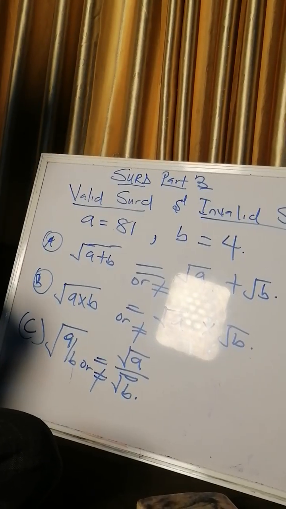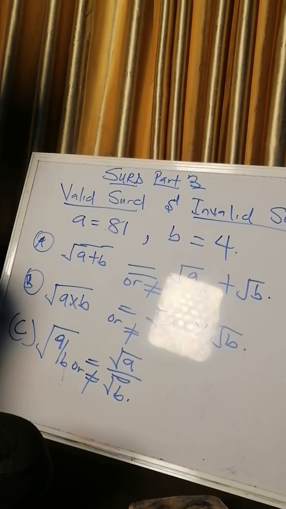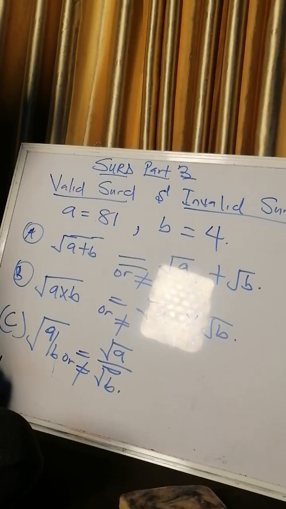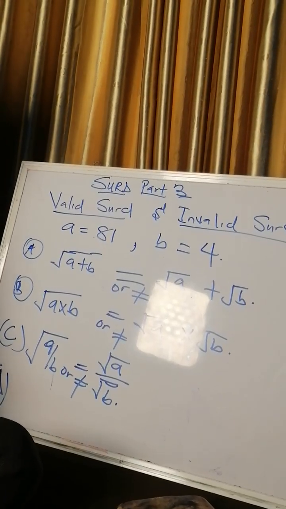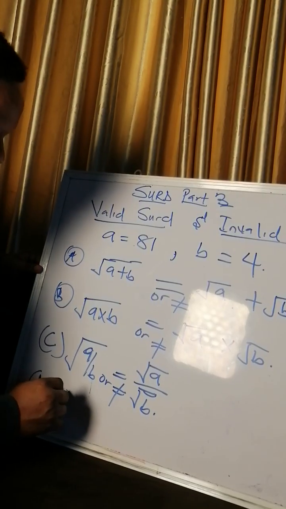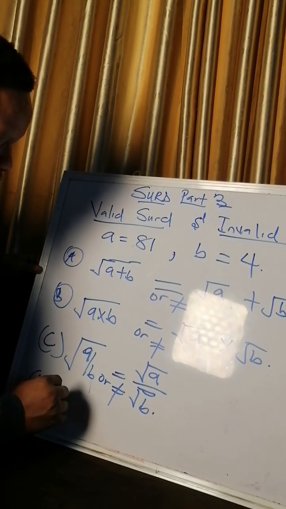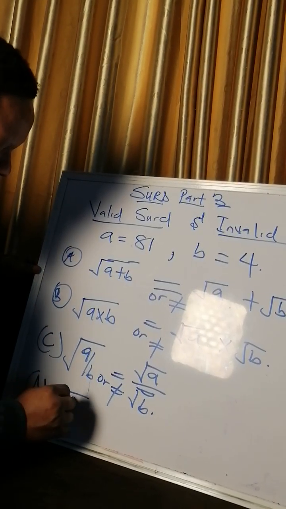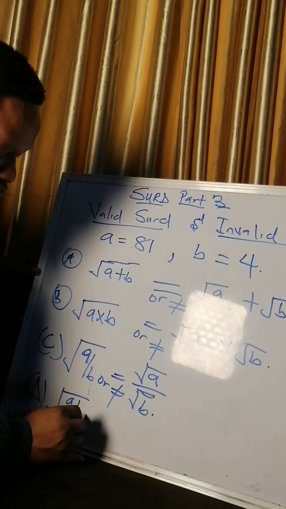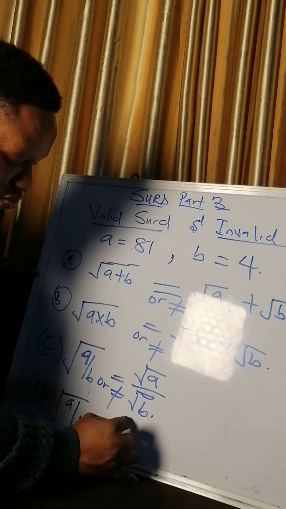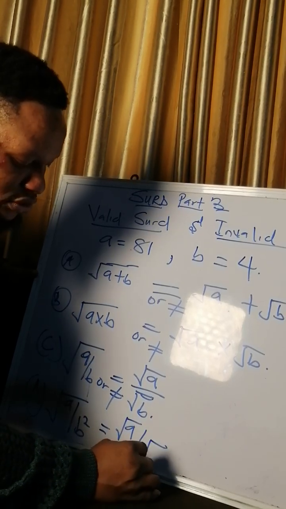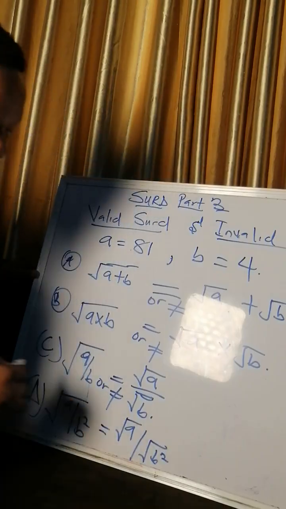So for now, let's take the first one before we move to the other one, though we have this part that is called D part. For the D part, let's say we have root of A over B, squared, is it equal to root A over root B, squared?